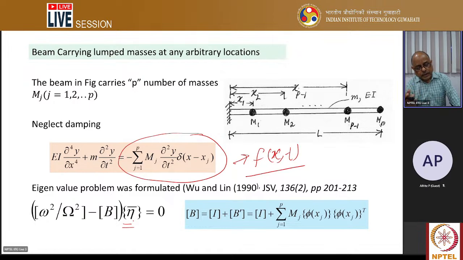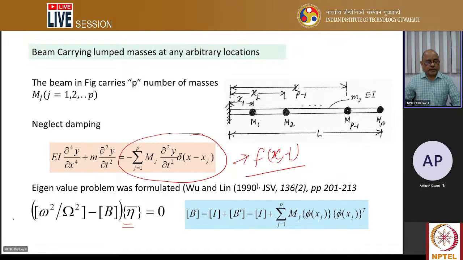Therefore, it is not exactly an analytical method. It is called a semi-analytical method. The B matrix is found as the sum of the unit matrix plus another matrix that is formed as the product of the two modal vectors multiplied by the concentrated mass.